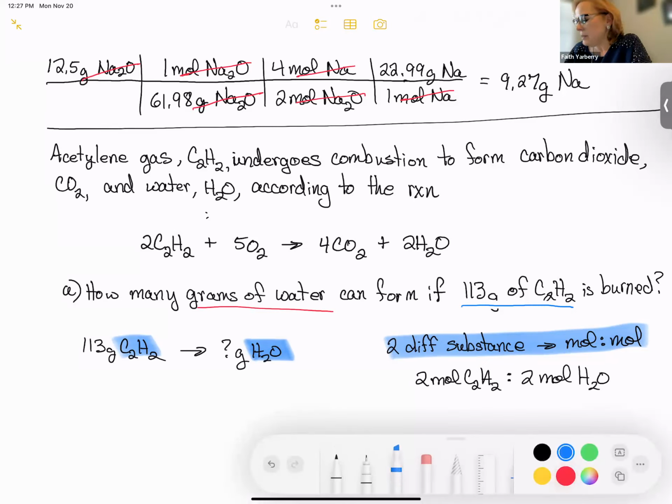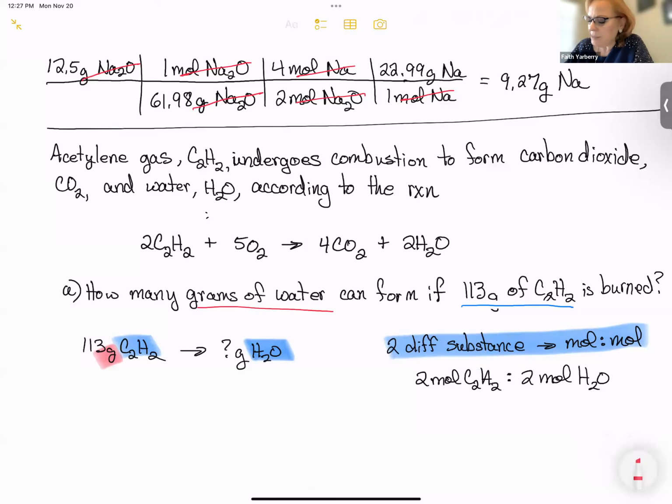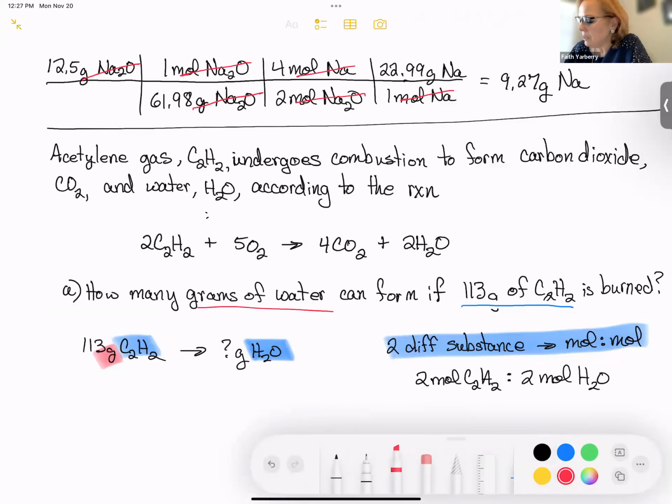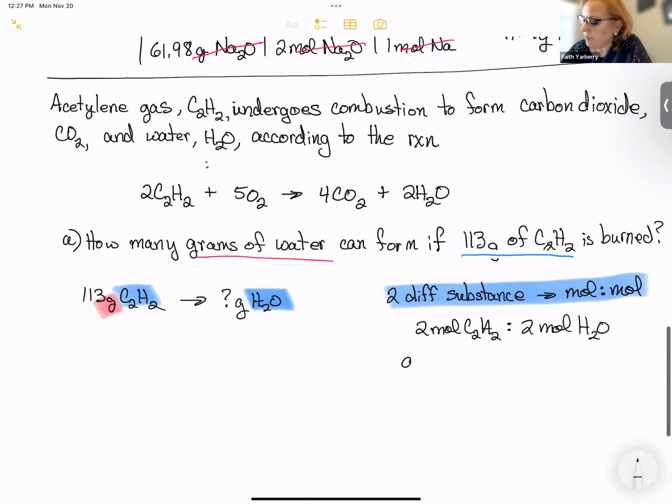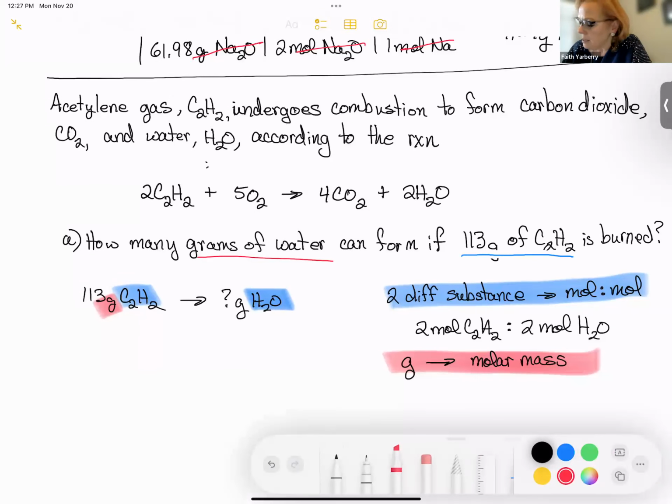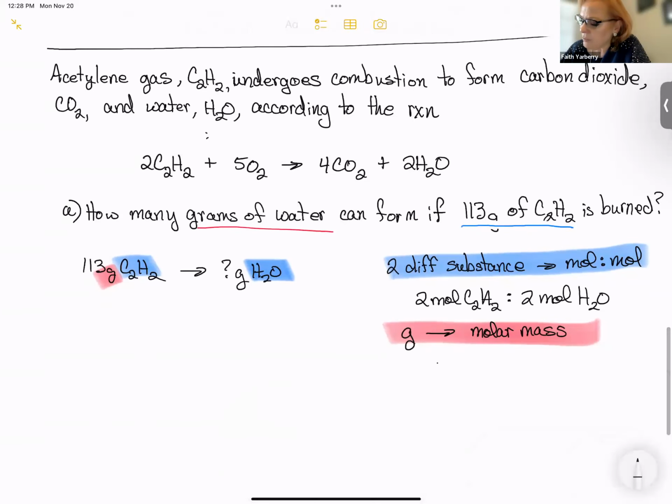The next thing I notice is that I'm working with grams of C2H2. Anytime I have grams, I'm automatically going to go to the molar mass. So I need the molar mass of C2H2. I have 2 carbons at 12.01, and I have 2 hydrogens at 1.008.